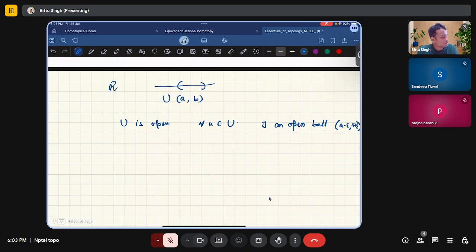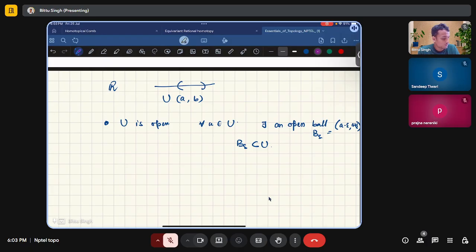Let me denote this open ball by B epsilon. This B epsilon should be contained in U. If this holds for all a belonging to U, we call it an open set. These ideas transfer to metric spaces.